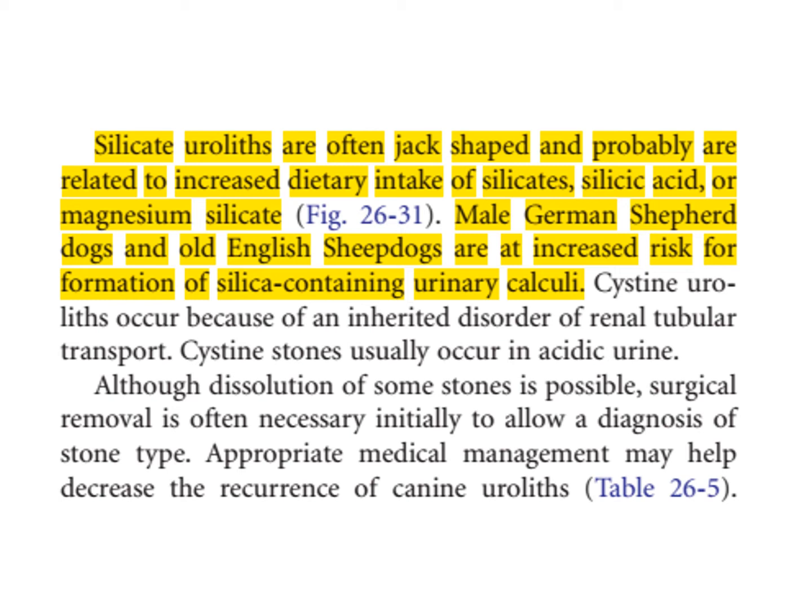Among the different types of calculi, the silicate uroliths have a peculiar nature and asymmetrical appearance. The surfaces of the uroliths are mostly smooth in all types of urinary calculi, but in the case of silicate uroliths, the surface is very irregular, usually jagged, and it is more painful and more problematic if the animal is holding silicate type uroliths.